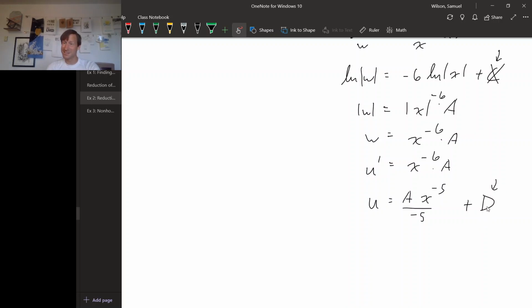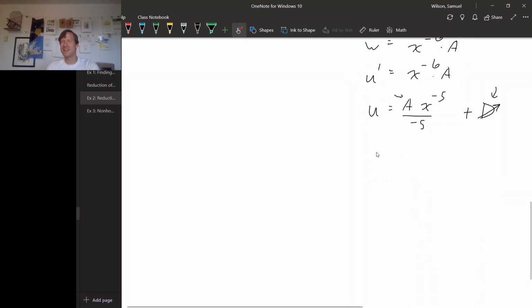This second one recapitulates the fact that y sub 1 is a solution, so we don't actually need it. What we're looking for is just some function u that will work. We can choose any value of a, except 0, and get a function for u that will work. So we should choose a so that this is as simple as possible. If we choose a to be minus 5, then u is just x to the minus 5th.